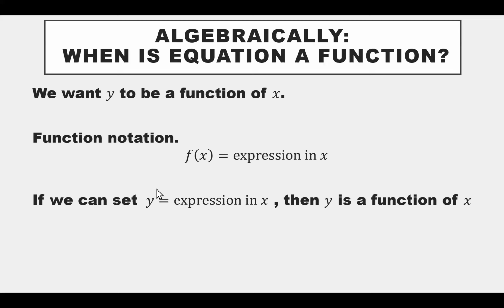In other words, if I can get y by itself on one side of the equation, and on the other side of the equation, I can get an expression in x, then algebraically, I know that y is a function of x. I know the y and the f of x are basically doing the same thing, doing the same roles.